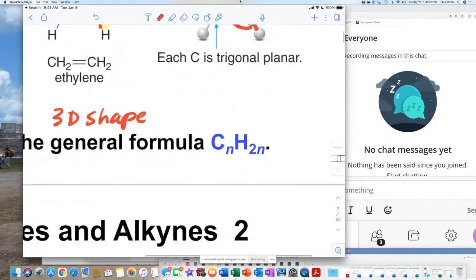With the formula, the n here will be either 1, 2, 3, or whatever, up to a million. And then the 2n will always be, of course, 2n. The number you have in front of the hydrogen will always be double the number in front of the carbon, okay, for an alkene.